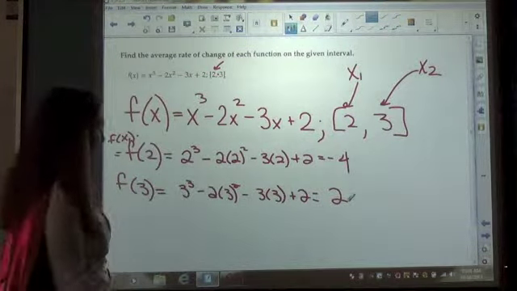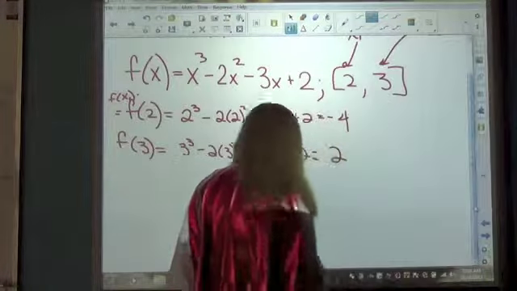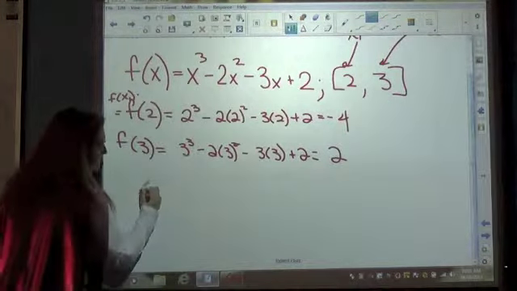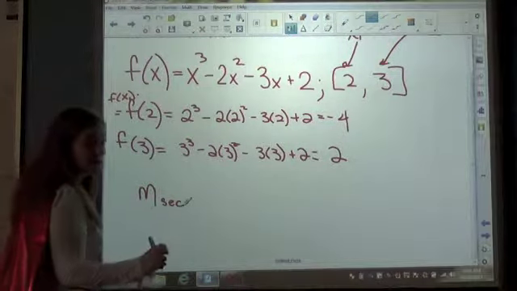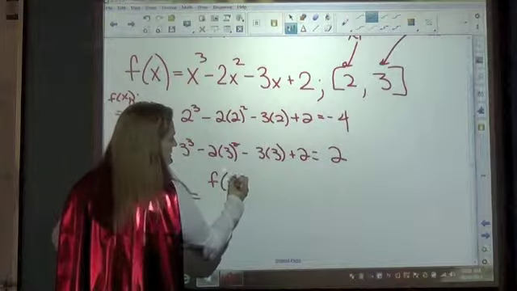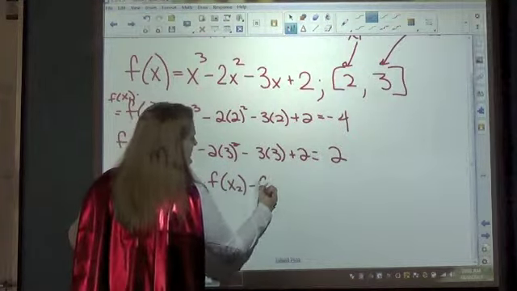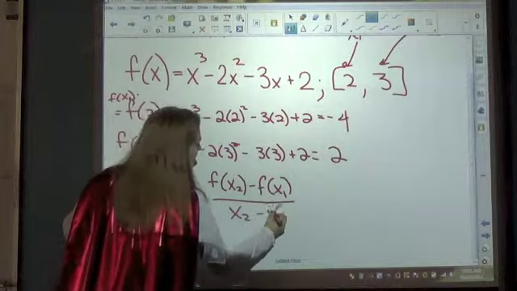So what's great about finding the rate of the secant line? The book writes it as m secant because it's the secant line slope. It's not the slope of the curve. It's the secant. So f of x2 minus f of x1 over x2 minus x1.